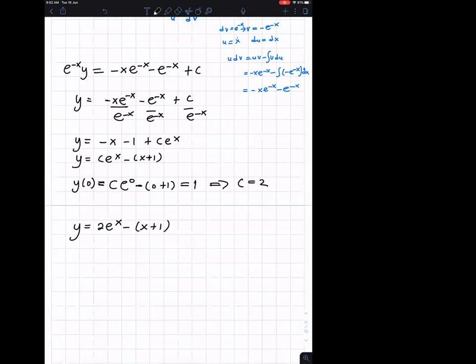So this is the equation to find the exact solution at any point.